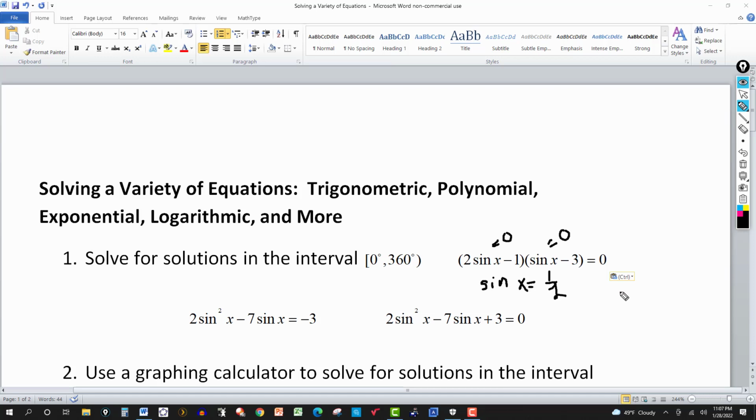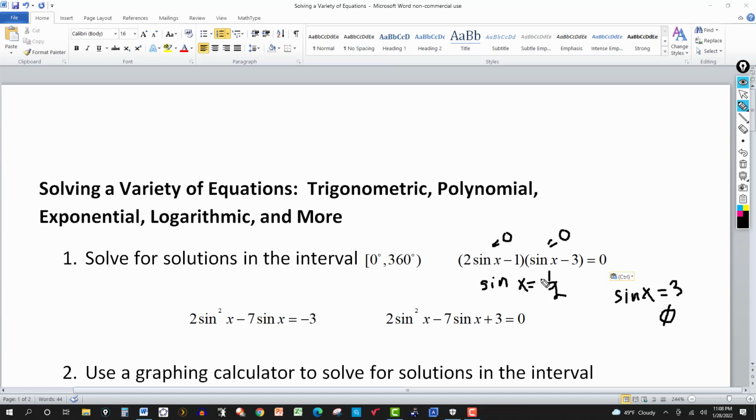And for the second factor, solving for sine of x, I would get sine of x equals 3. Now the range for sine of x has to be between -1 and 1. It can equal 1, but it cannot be greater than 1. So this equation, sine of x equal to 3, is not possible. So this part has no solution.